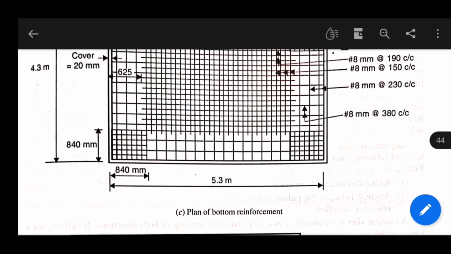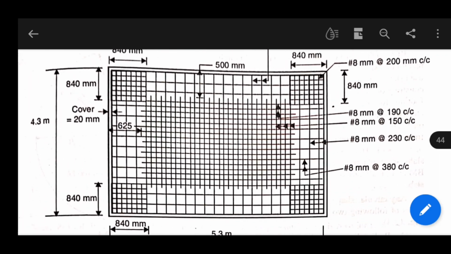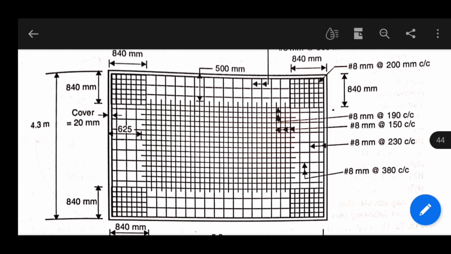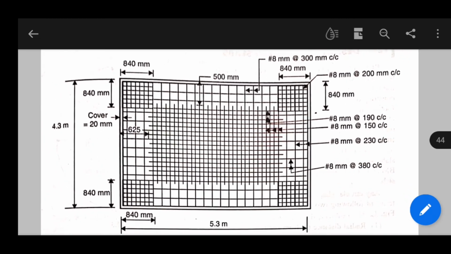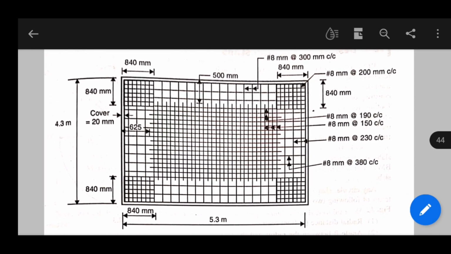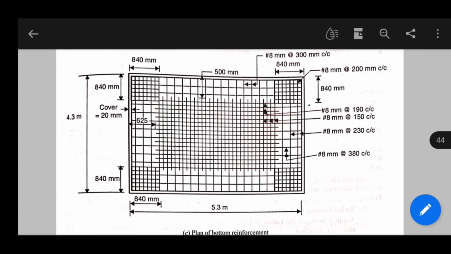Next part is the plan of bottom reinforcement. So here everything is given: middle strip, edge strip and corner reinforcement.